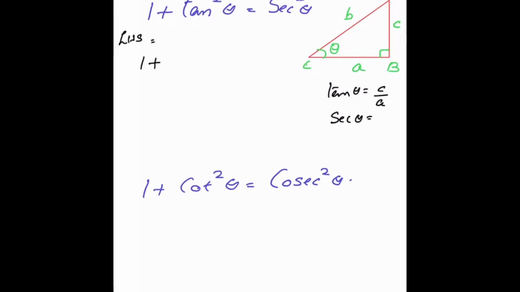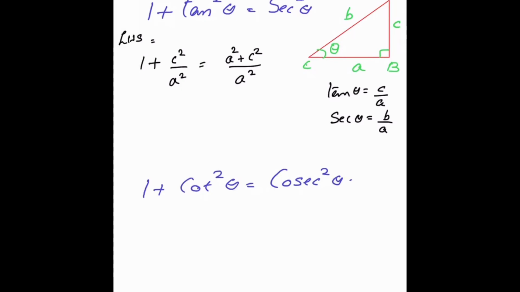Cos is adjacent side by hypotenuse, so this will be hypotenuse by adjacent side, so B by A. So here we will write 1 plus tan squared theta is equal to 1 plus C squared by A squared, which, taking the LCM, gives A squared plus C squared by A squared.